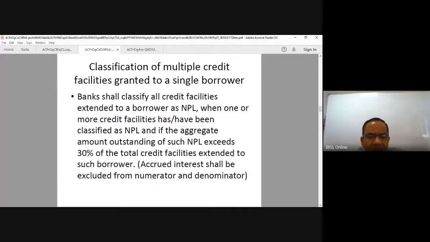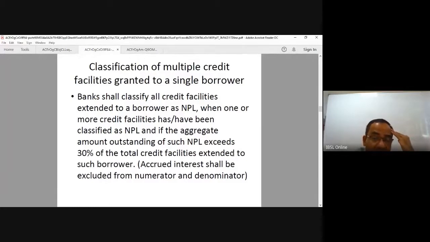So this is one important rule you must keep in mind. Like what I told you, a customer may have many facilities: overdraft, term loans, import demand loan, packing credit loan like pre-shipment loans, housing loan, many loans. Normally for a businessman or a company, you will have that kind of facilities.